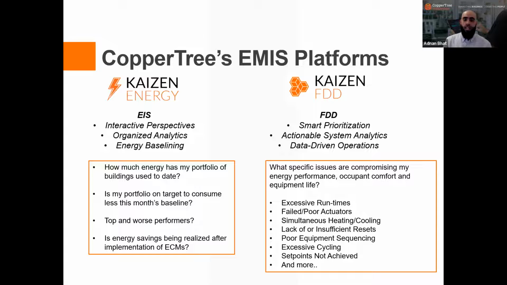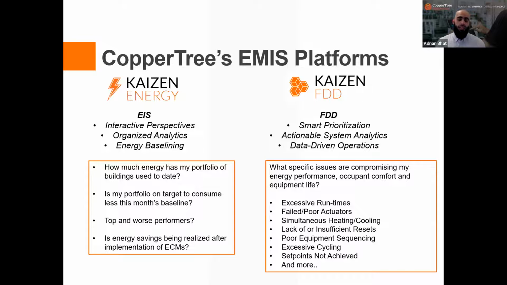Whereas with an FDD platform, what we're trying to do is look for specific issues that are compromising energy performance, occupant comfort, and equipment life by continuously monitoring system level data. Typical analysis of excessive runtimes or simultaneous heating and cooling in certain zones, poor equipment sequencing, excessive cycling, any zones that are not achieving their set points.